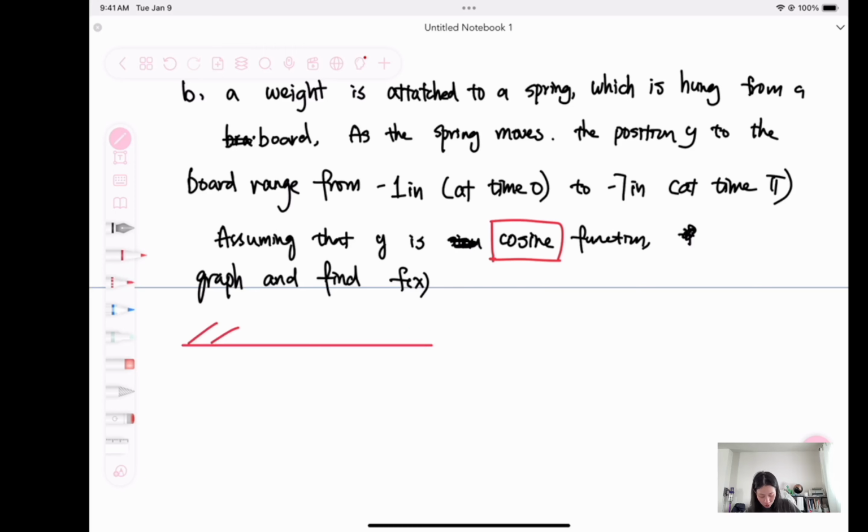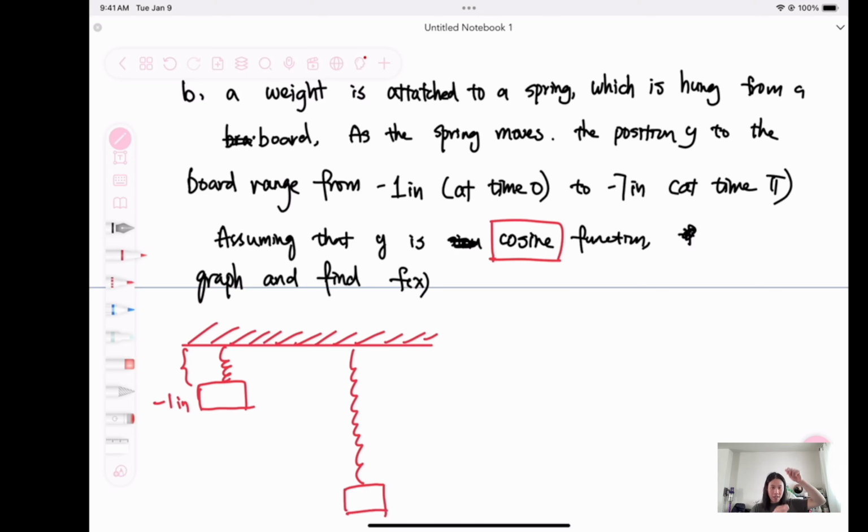Now let's draw a graph. Let's say this is a ball, and you have a spring. At the beginning, you attach some mass. At the beginning, here is negative 1 inches from the ball, so this part is negative 1. And then at the end, it keeps moving all the way here. It extends or stretches the spring.